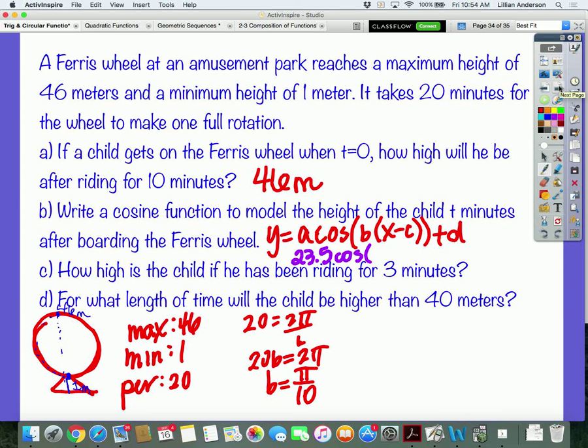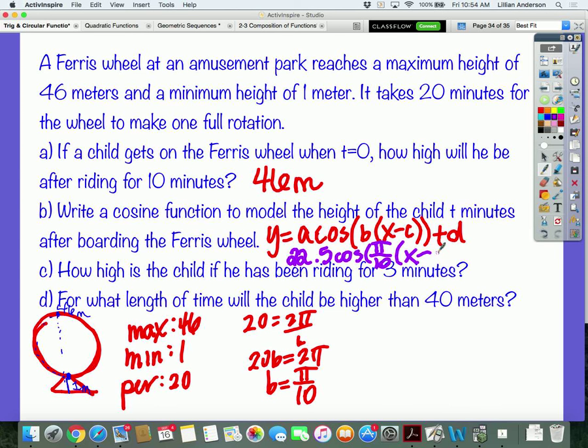So then to adjust this, what's our A? 22.5. So B is still pi over 10, x minus pi over 10.